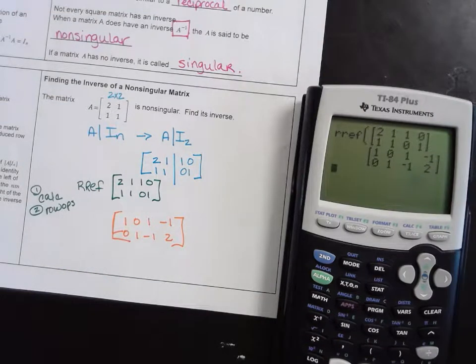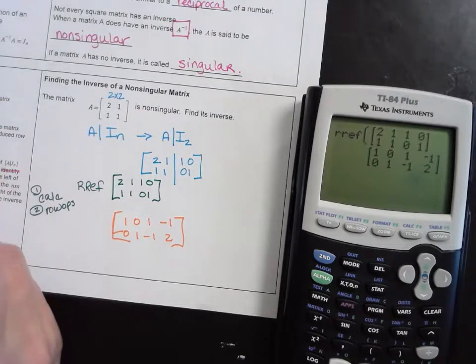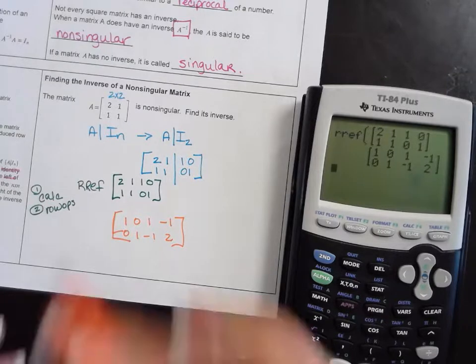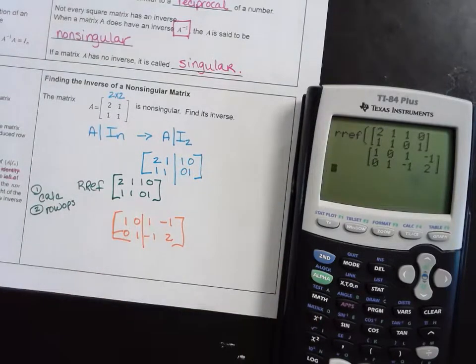Okay? So the rule is that the identity matrix is on the left of your bar. So my bar was here.